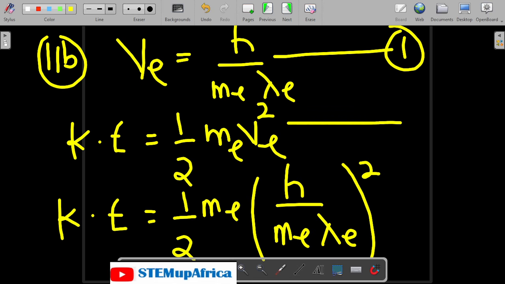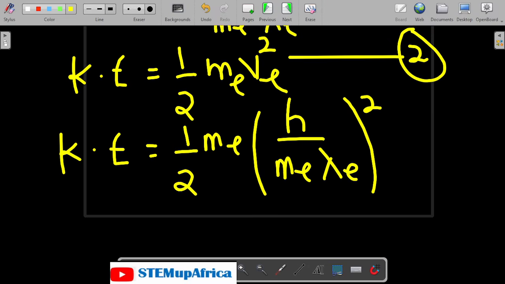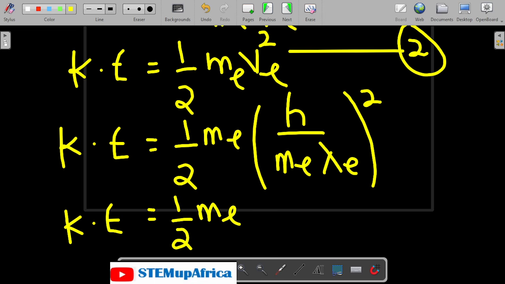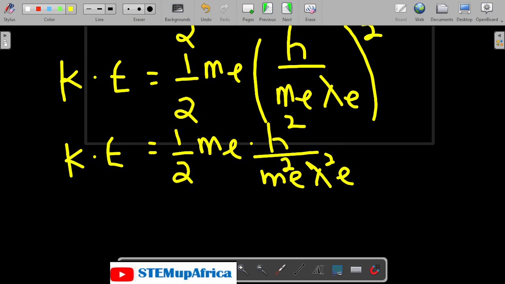Let me call these equation 1 and equation 2. I'm substituting velocity from equation 1 into equation 2. So if I simplify what I have, my KE will be 1 over 2 me times h squared over me squared lambda squared e. But this squaring affects every parameter in the bracket.